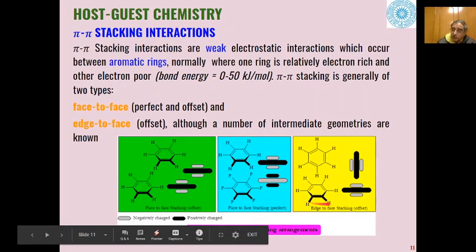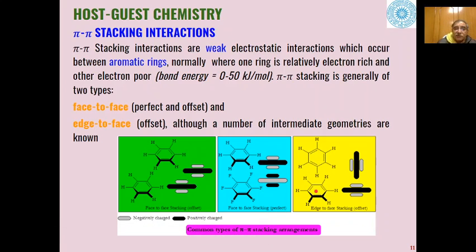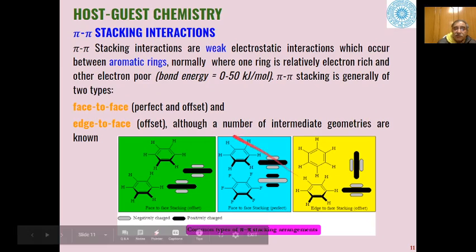So one molecule is oriented like this, the other aromatic molecule is oriented like this, and there is a face-to-edge interaction between these two types of molecules. Such interactions are called pi-pi stacking interactions, and they are very weak and occur only in the case of aromatic rings.